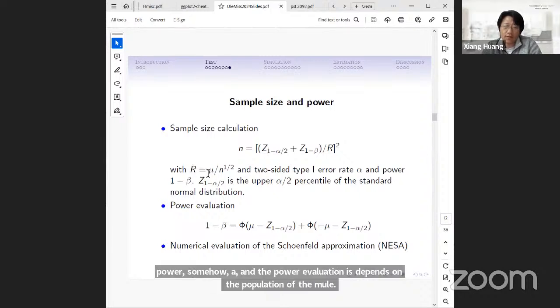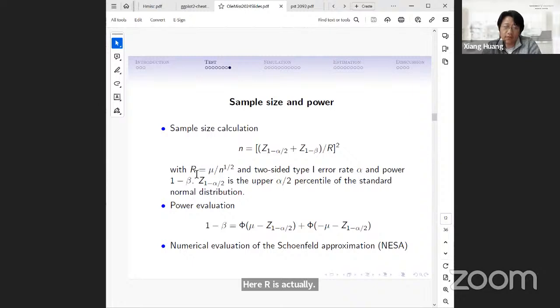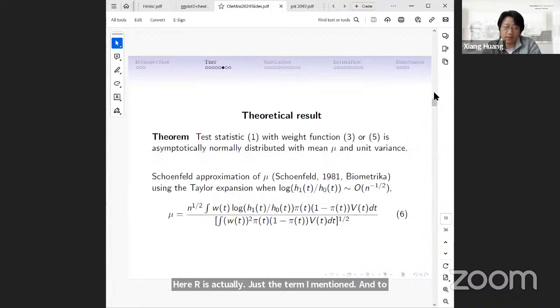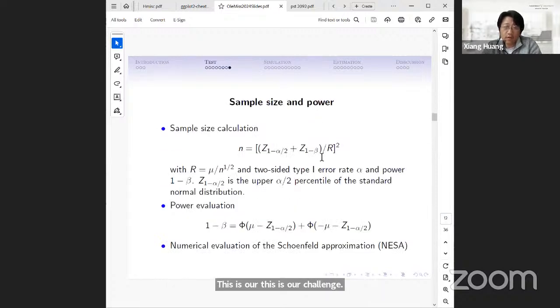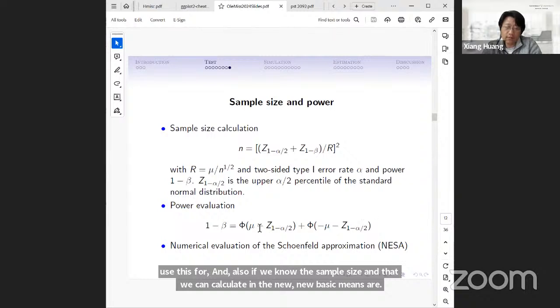Here, R is mu over n to the 1/2, which is this whole term. This is our challenge here. If we know R and the power, we can calculate the sample size using this formula. And if we know the sample size and can calculate mu, which basically means R, then we can also evaluate the power.